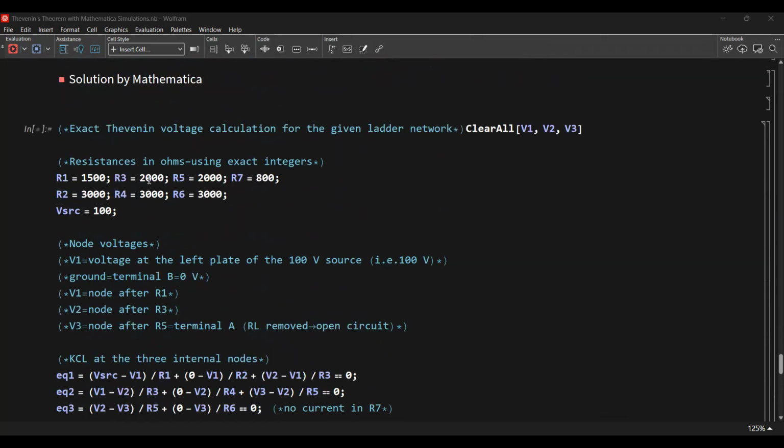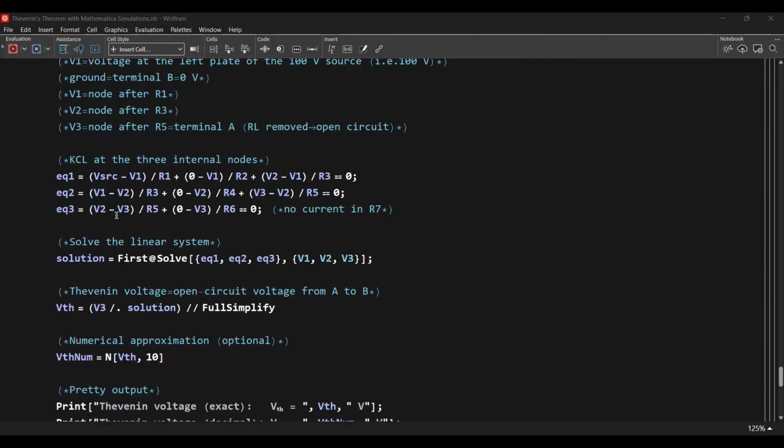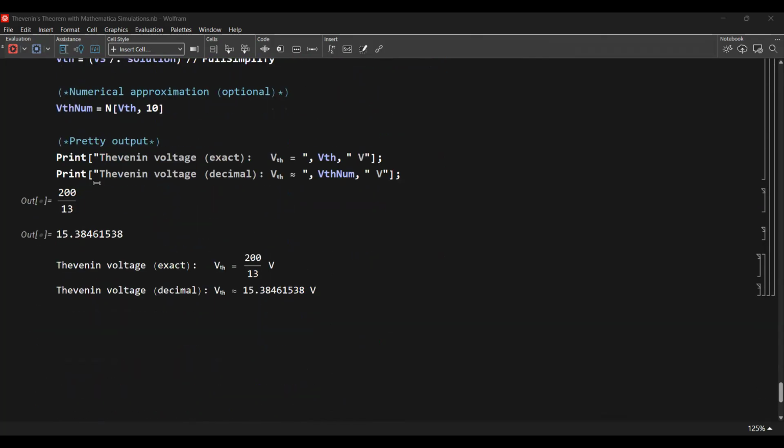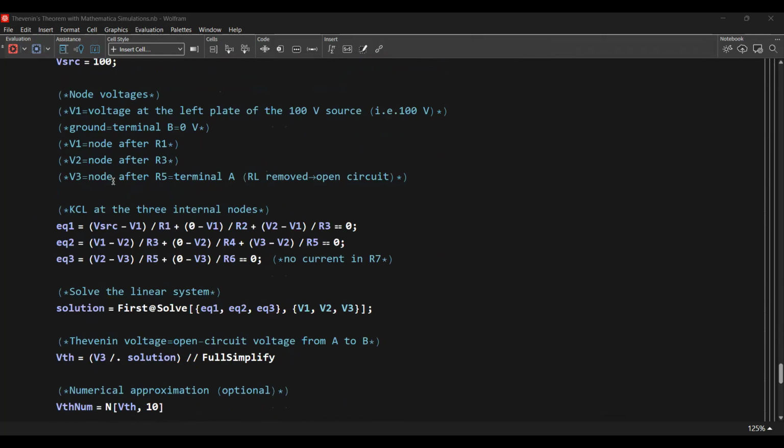So we have the given resistance here, and we have the source voltage here equal to 100. So we have the set of equations 1, 2, and 3.